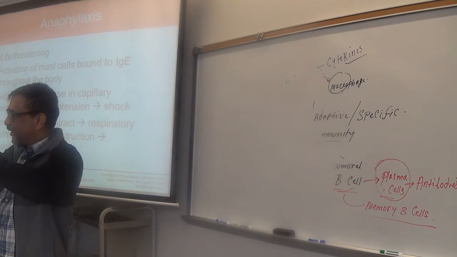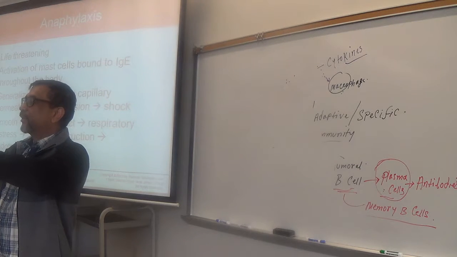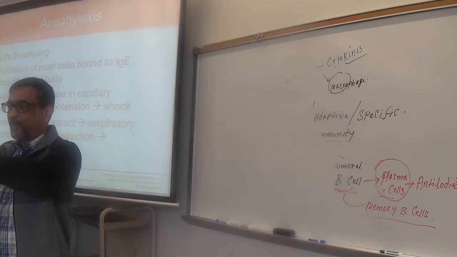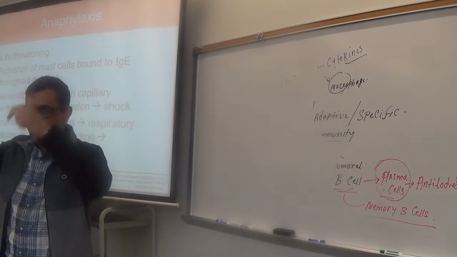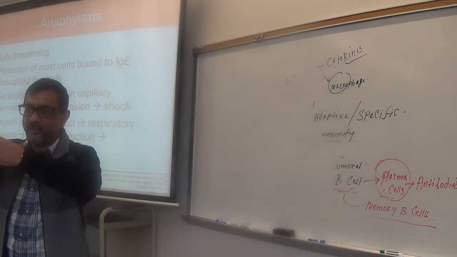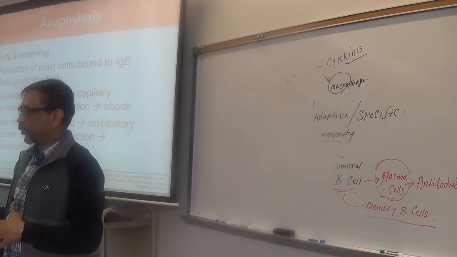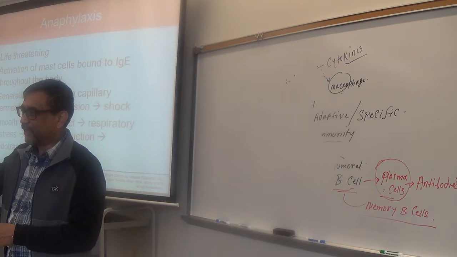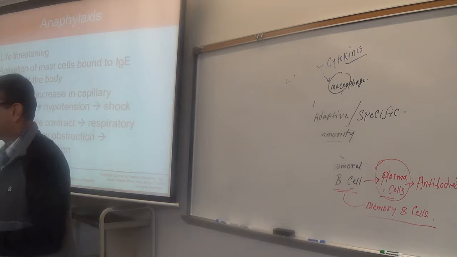Now you see two things will happen here when the blood vessels dilate. Now you tell me, if blood vessels dilate in your body, blood pressure will go down, right? Vasodilation decreases the blood pressure. So when that happens throughout the body, blood pressure significantly drops, right? So that is one response of anaphylaxis.